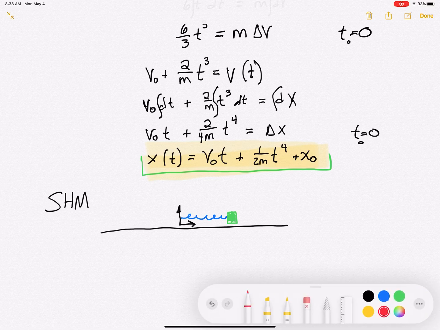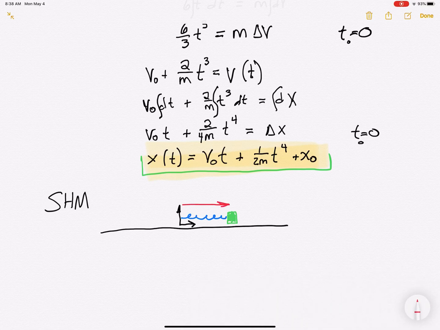Still starting at x naught. And our goal would be to find x as a function of time.